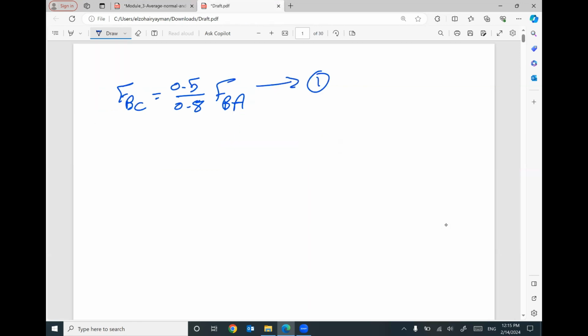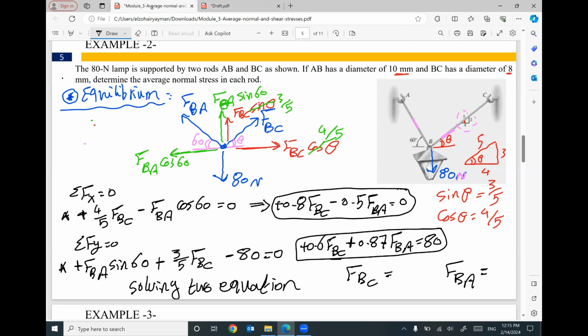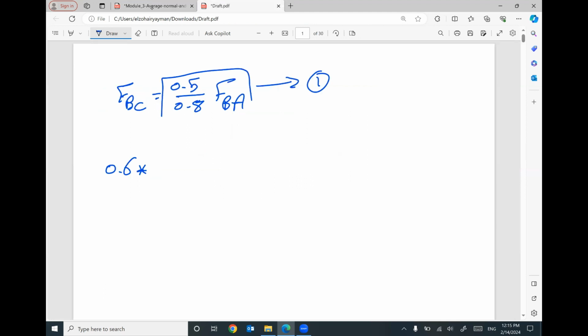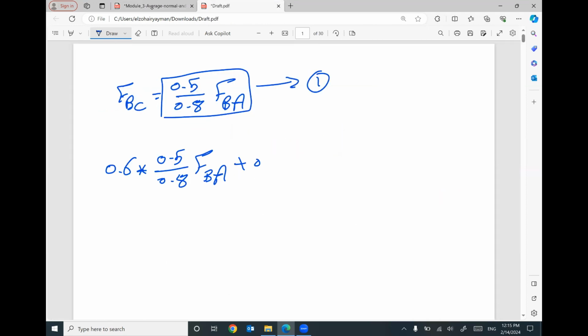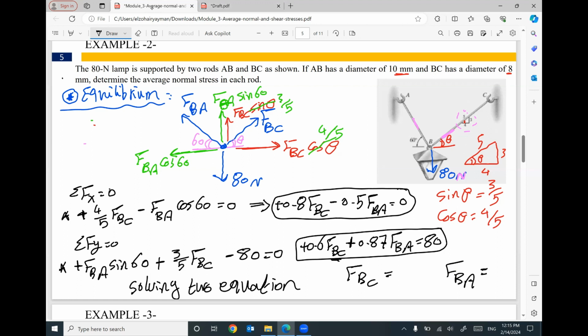So I have 0.6 times, in this equation we have FBC, so I will remove FBC and put this term, 0.5 divided by 0.8 FBA, plus 0.87 FBA equals 80.